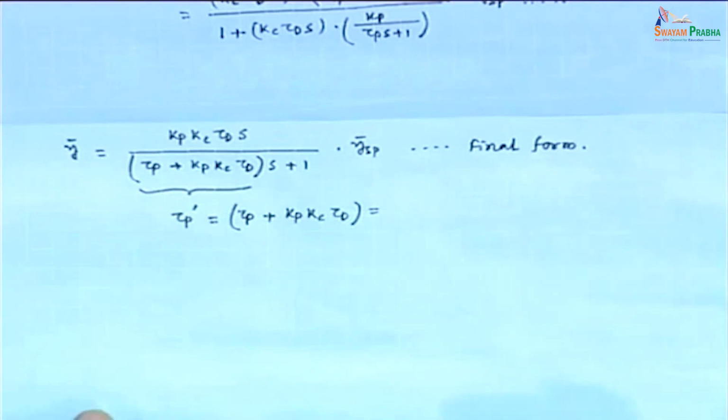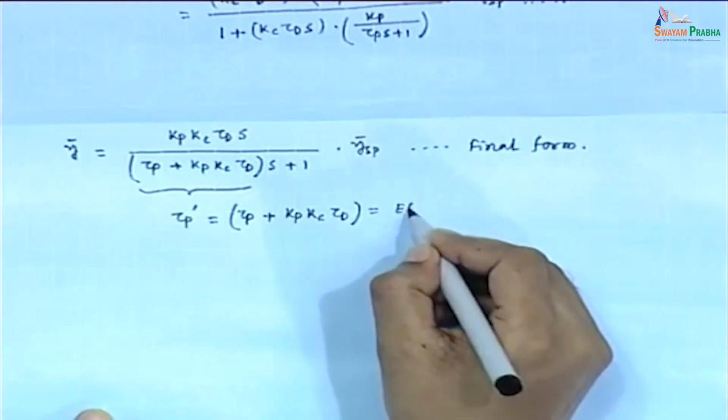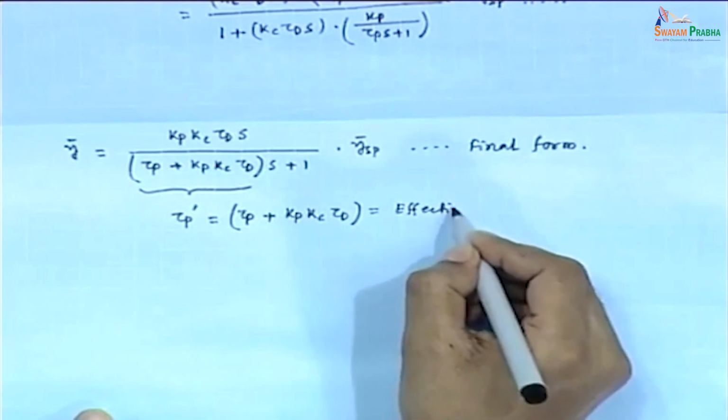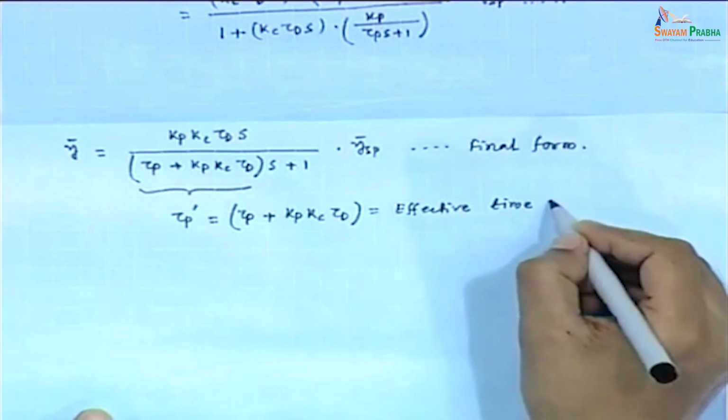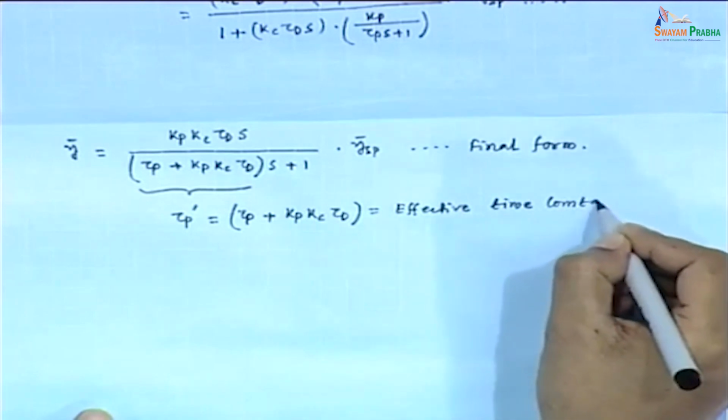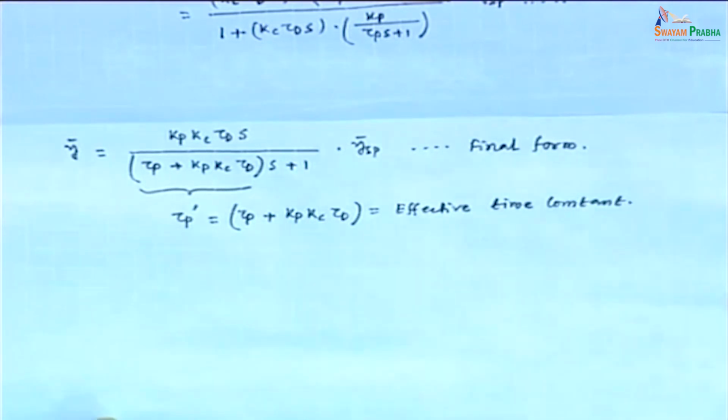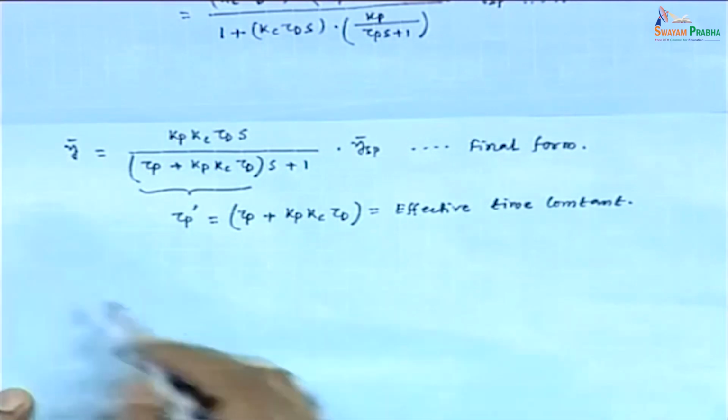This is called the effective time constant. Fine. So, which one is larger, tau p or tau p prime? Tau p prime. Now, we will note down few important points.